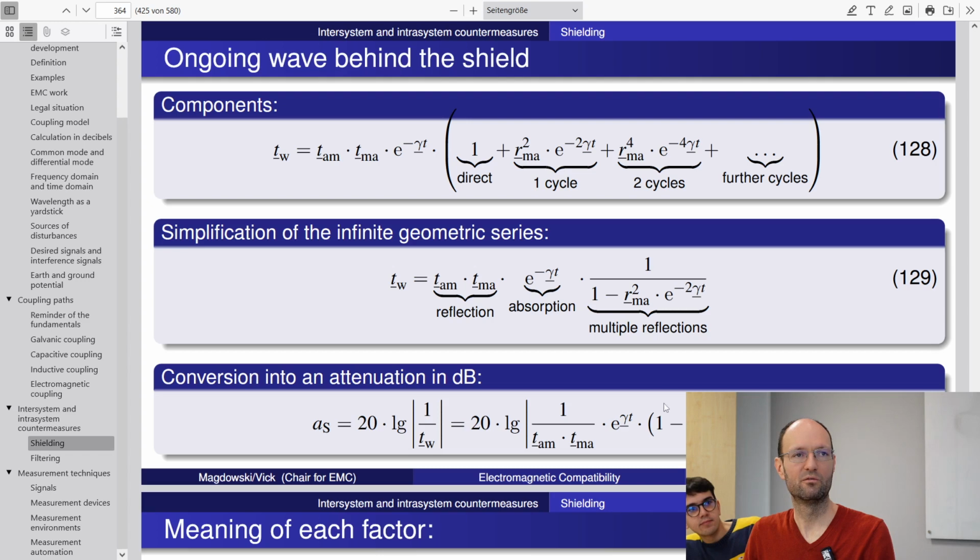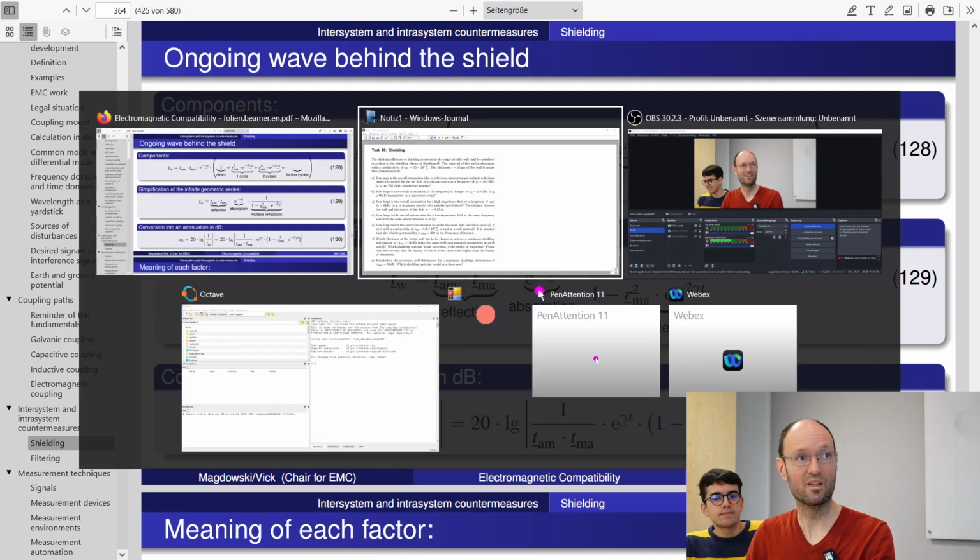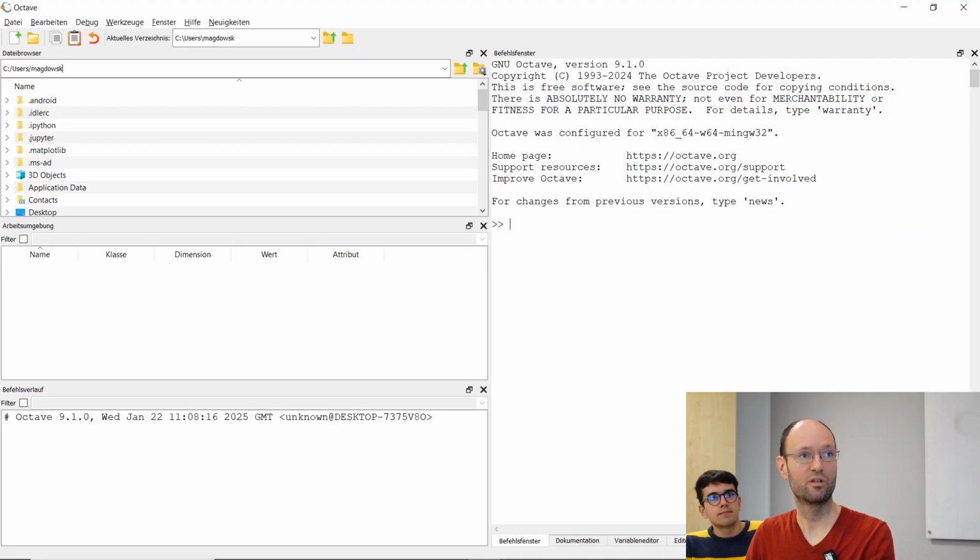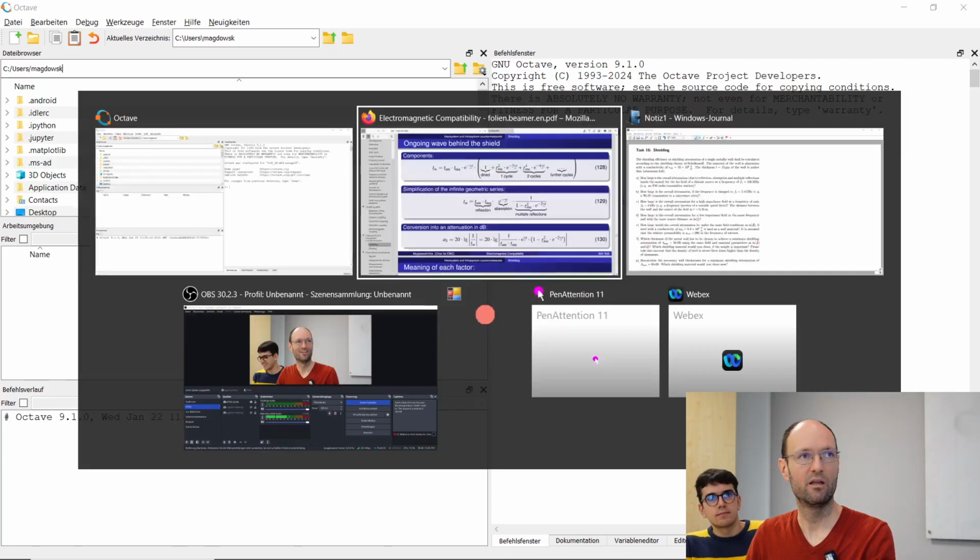The very general one included these two transmission coefficients, propagation constant, reflection coefficient, and one more term here for the propagation. This was our reflection loss, this was absorption loss, and this is the correction term due to multiple reflections.